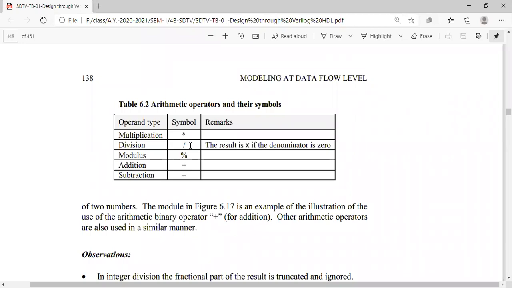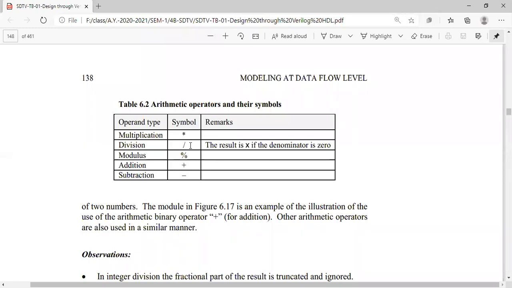That means it is going to forget the fractional part, and after the decimal point, whatever digits you have, it is neglecting them and giving only the integer part of it.